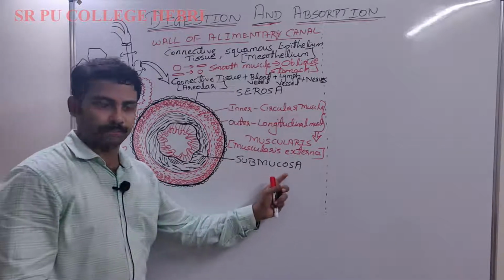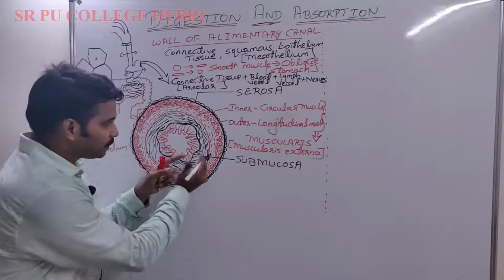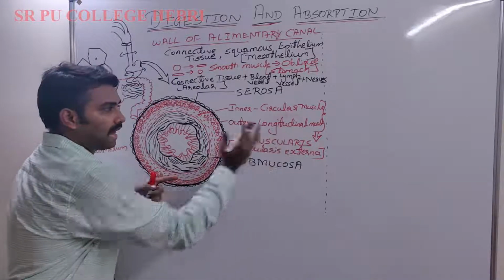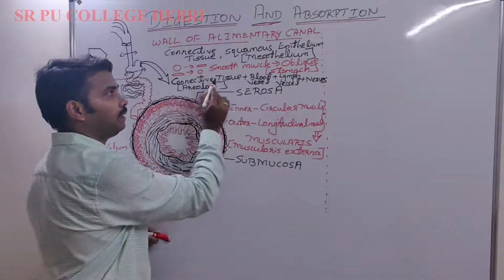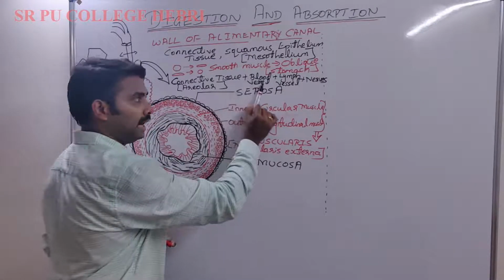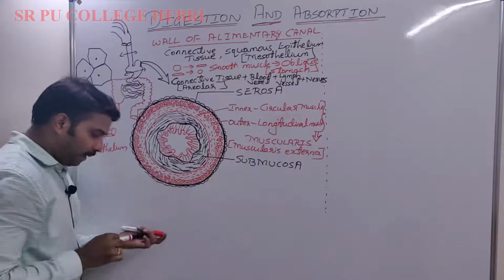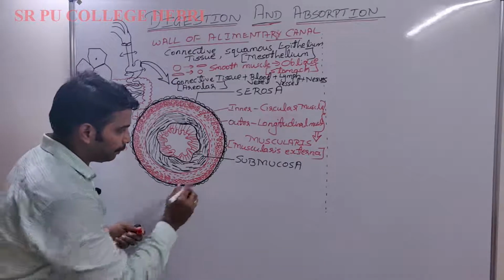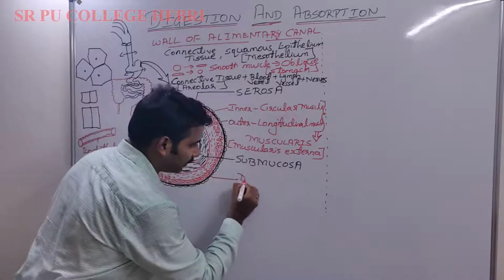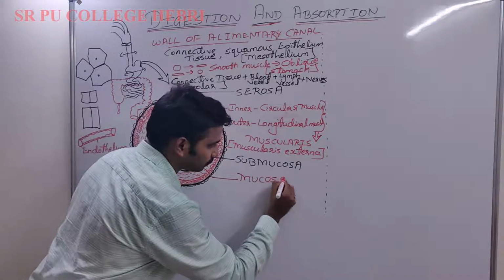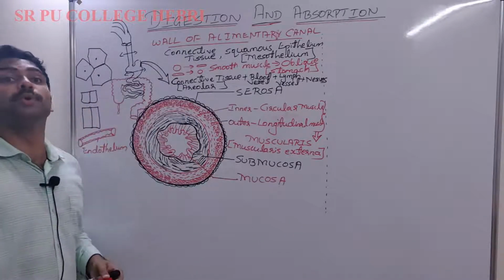One mark question. Okay, submucosa is present inner to muscularis region made up of areolar connective tissue, blood vessels, lymph vessels and nerves. Followed by that, inner to submucosa, the next region is what? What is that called? Mucosa.